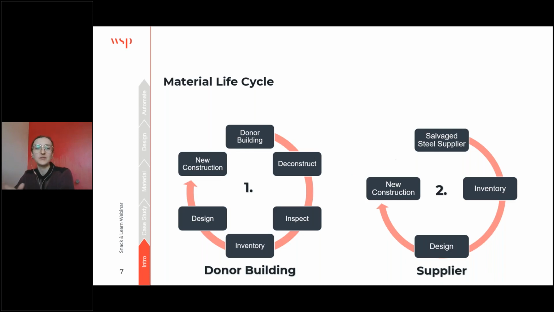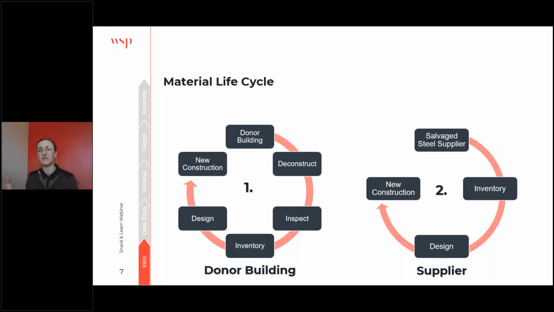From the designer's perspective, there are 2 sort of material life cycles. The first one is if you're working with a donor building. This is any building that's going to be demolished that you've identified for steel harvesting. You want to take all of that steel out of that building, deconstruct the structure, inspect the steel to ensure it's good quality, and then you can create an inventory, and at that point get into your design and the new construction phase.